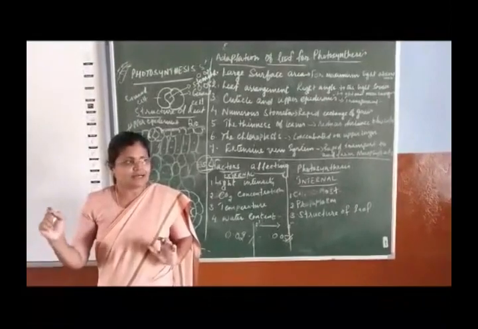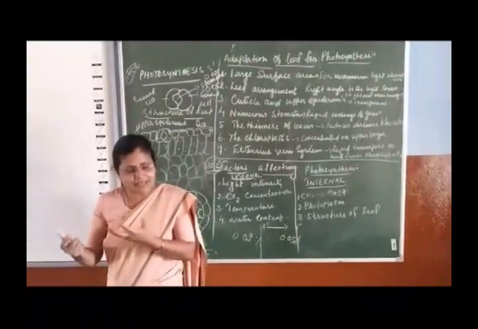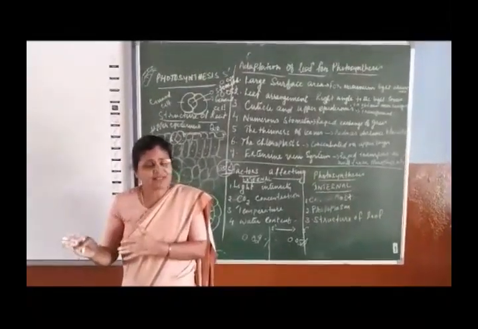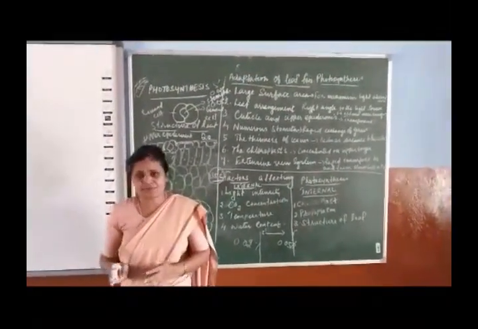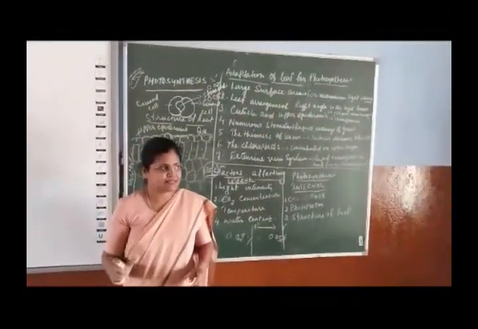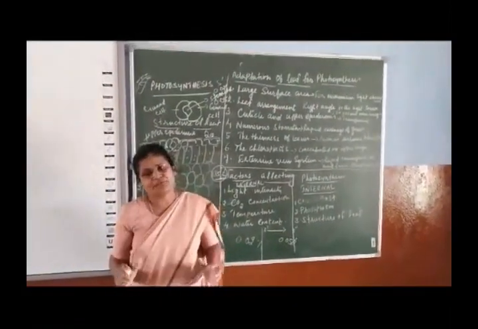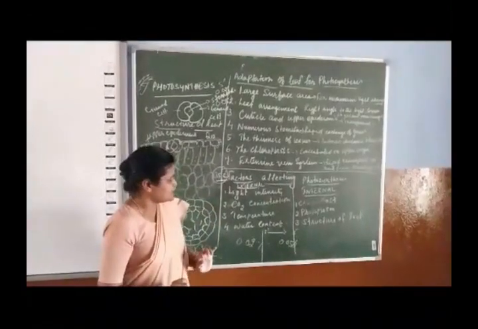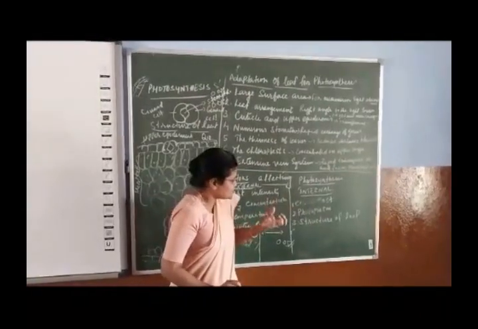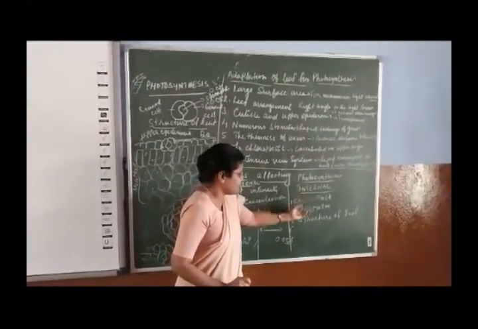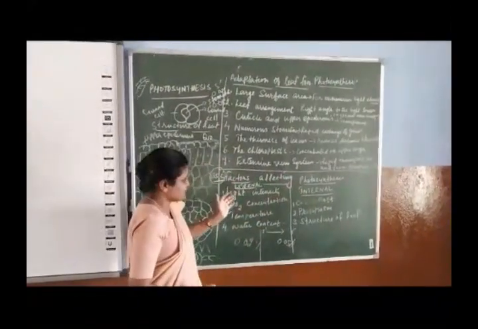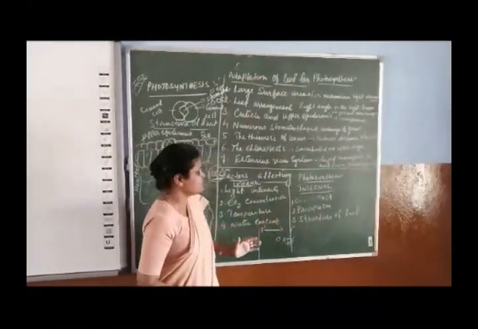Similarly, the leaves are reduced to different structures in the cactus plants, like the leaf gets reduced to spines, thick stem, etc. In their case also the rate of photosynthesis gets decreased. So the internal factor like chloroplast, if the nutrition available for its growth is proper, enhances the rate of photosynthesis.